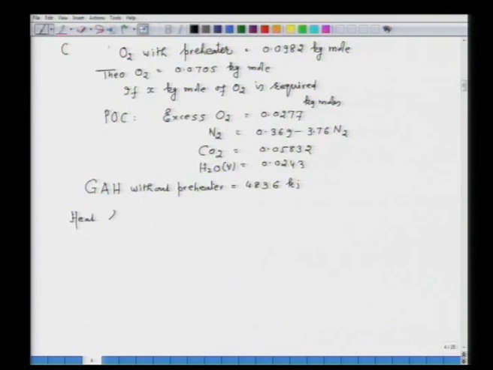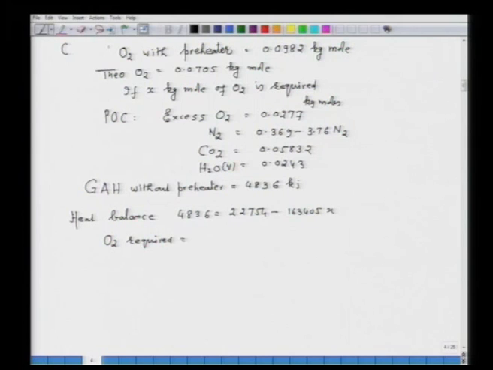So, make the heat balance. So, heat balance will be 4836 is equal to 22754 minus 163405 x. So, if I solve for x, then oxygen required you will be getting in kg mole, we have to multiply by hour and so on.